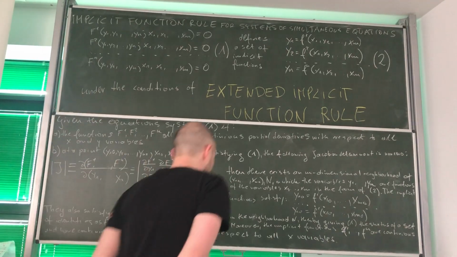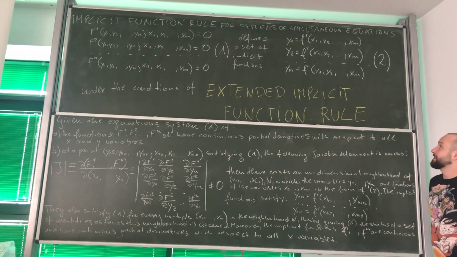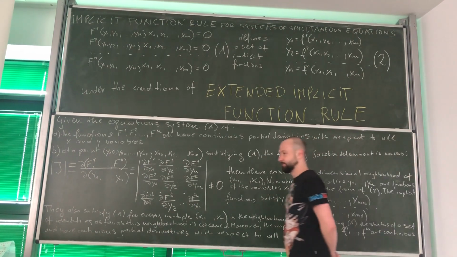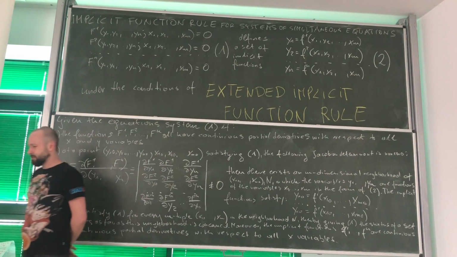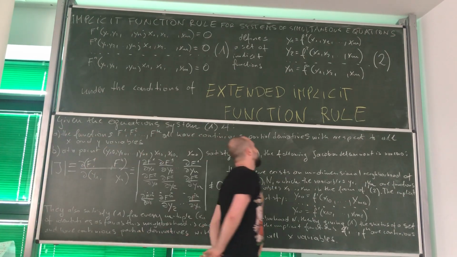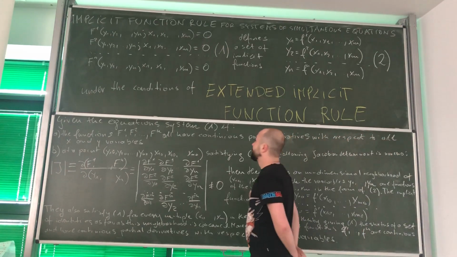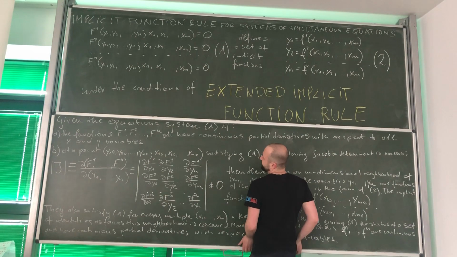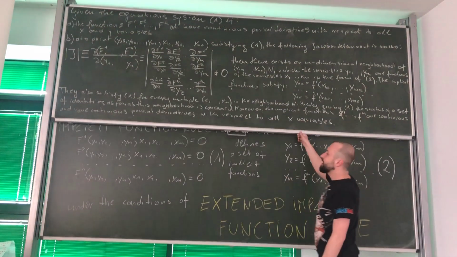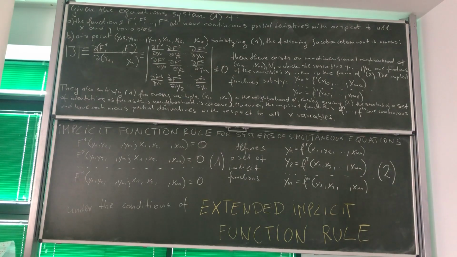Hi. Last week, we learned about the implicit function rule and how to use it in order to find comparative static derivatives in a market model and in the national income model. What we are going to do today is actually the extension of this rule.